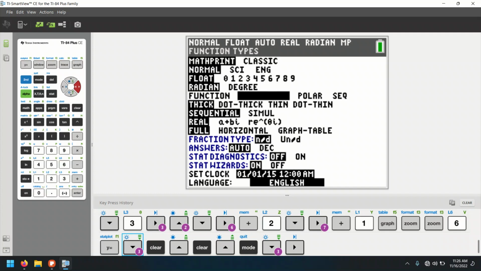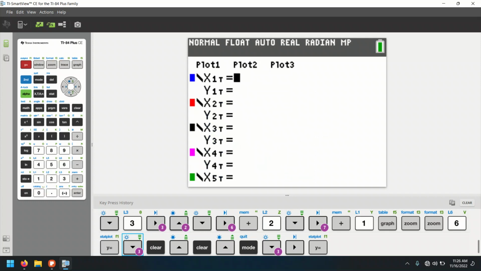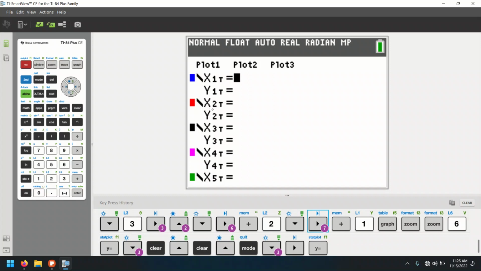Later we're going to look at polar mode to graph functions in polar form. In parametric mode, instead of the function y equals f of x, notice this time the screen is going to give us two equations.